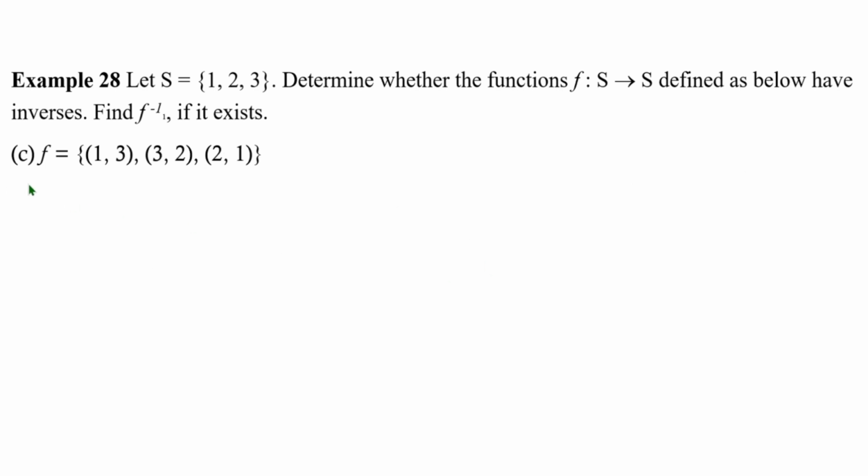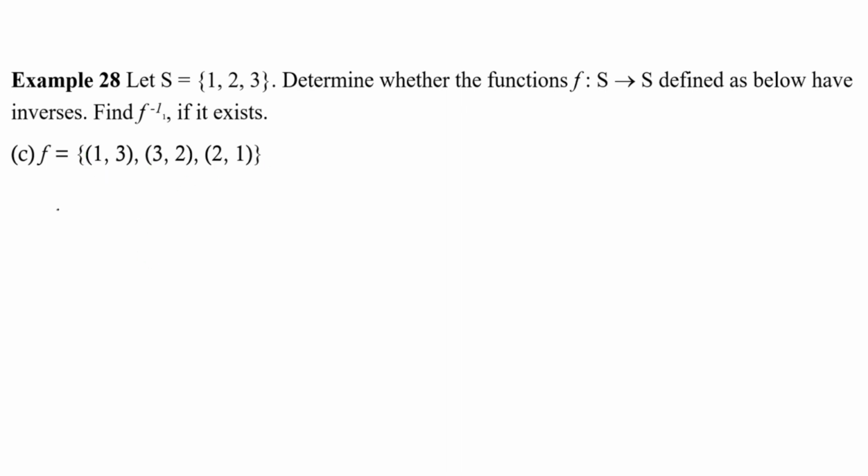The next subdivision, f is equal to 1, 3, 3, 2, 2, 1. So here we can see that different elements in the domain have different images in the codomain. 1 is mapped to 3, 3 is mapped to 2, and 2 is mapped to 1. And moreover, f is also onto. All elements in the codomain have some pre-image in the domain.